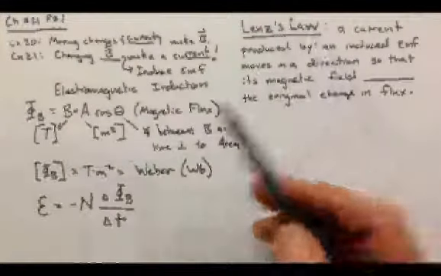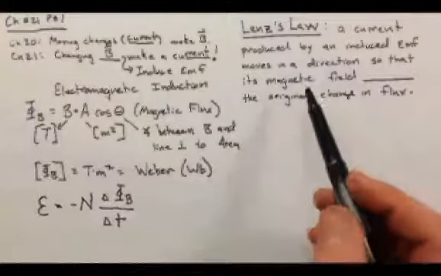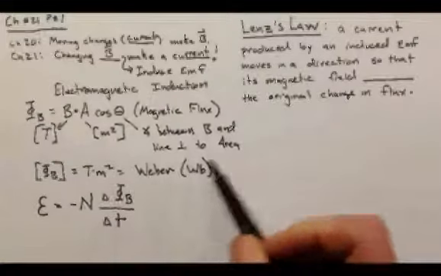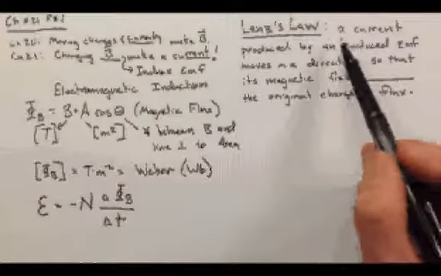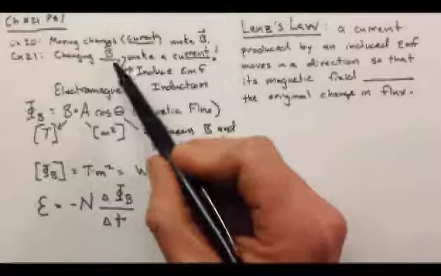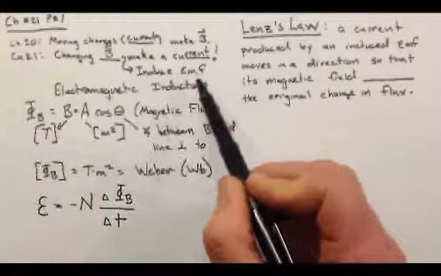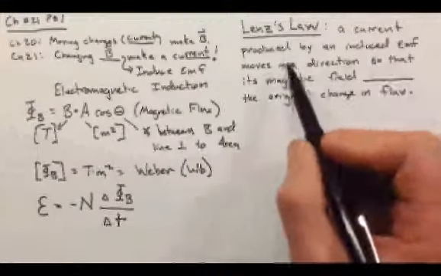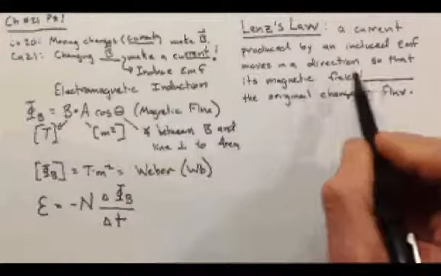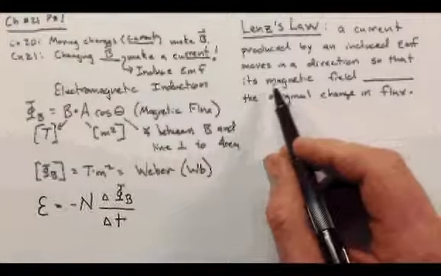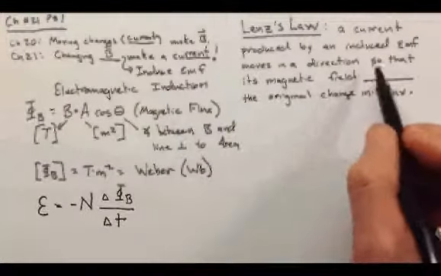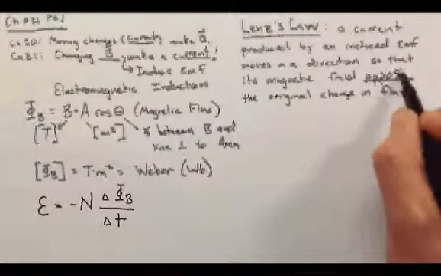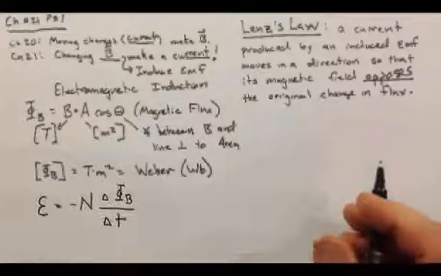And Lenz's law gives the direction of this current. Lenz's law is basically this little negative sign here. Lenz's law says that when you have a changing magnetic field that produces the EMF and makes a current, the current produced by an induced EMF moves in a direction so that the magnetic field caused by that current opposes the original change in flux.